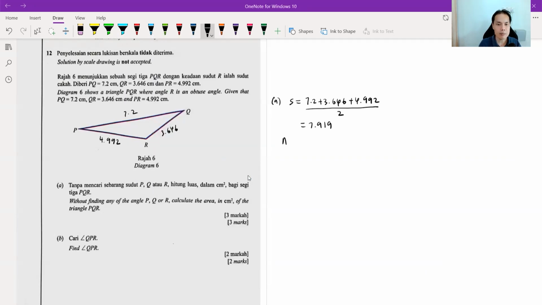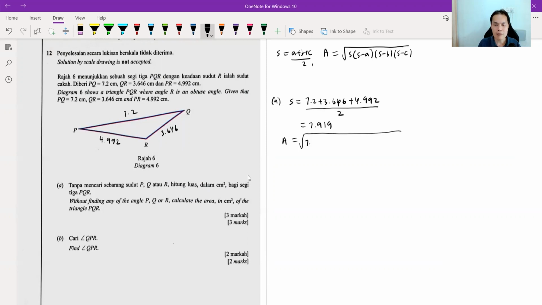Now remember the formula for Heron's law, if you cannot remember: S equals a plus b plus c over 2, where a, b, c are the lengths of the sides. Take the difference between the semi-perimeter and each individual side. Put a square root over, get your area.